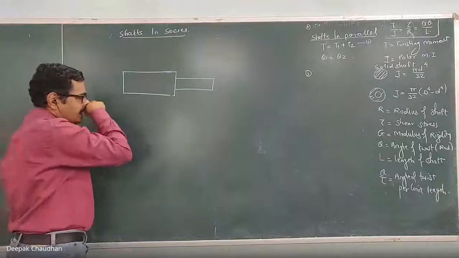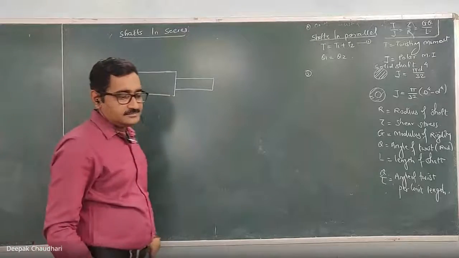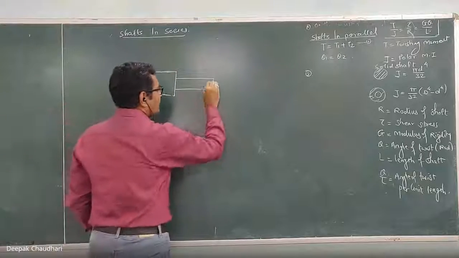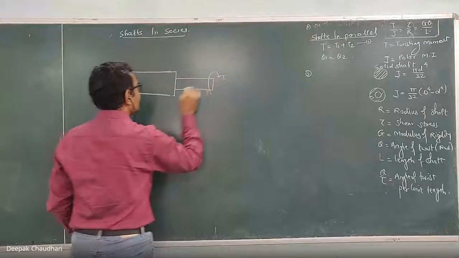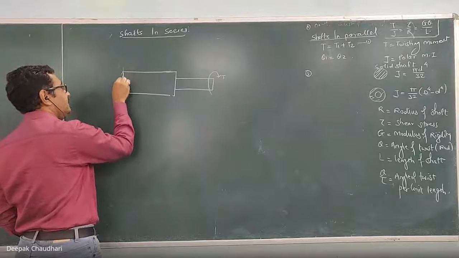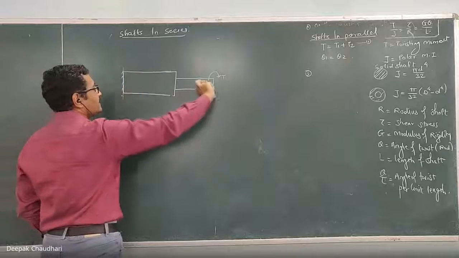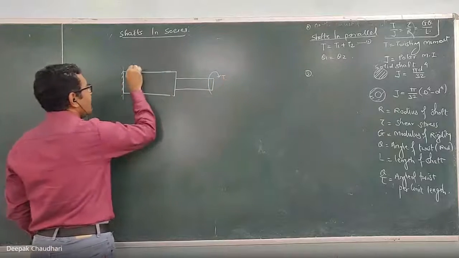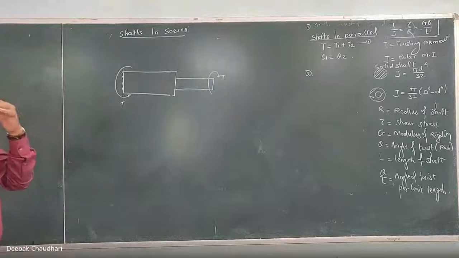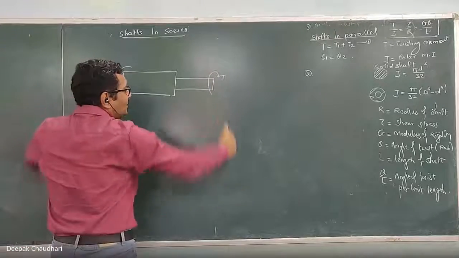Now, if I apply some torque, let's consider we apply the torque T. Equal torque will be generated over here if this end is fixed. The reactive torque developed over here is anti-clockwise, where the applied one is clockwise. Or you can apply two equal and opposite torques.